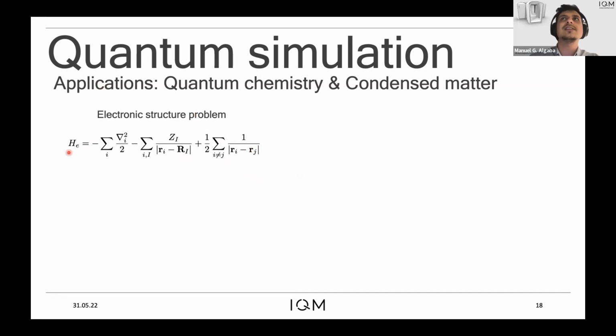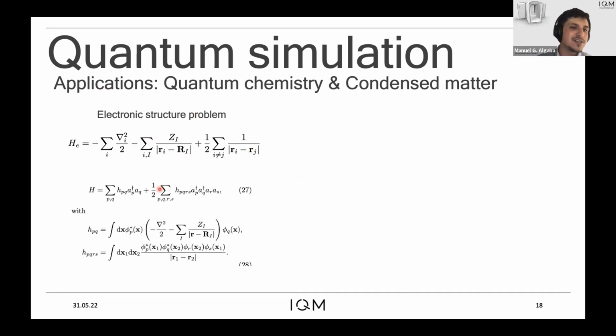You can also simulate this using first quantization, in which you have a more ugly Hamiltonian, but it's more common to find in quantum algorithms the second quantization version, in which you take this and massage it a bit until you find something like this, where a dagger is the creation operator for fermions and a is the annihilation operator.